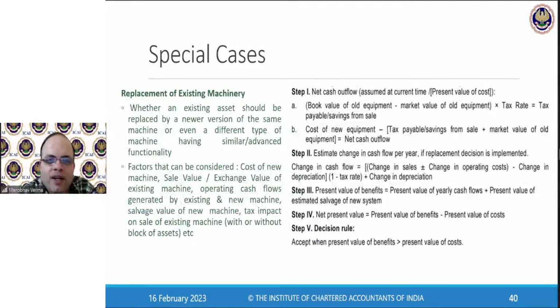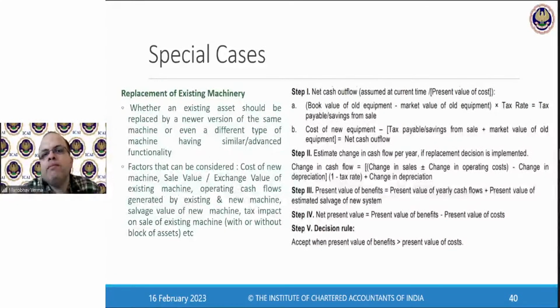But anyway, just a lighter example: even for personal gadgets, we tend to upgrade over the years. Then why not machinery, why not property, plant, and equipment in projects?